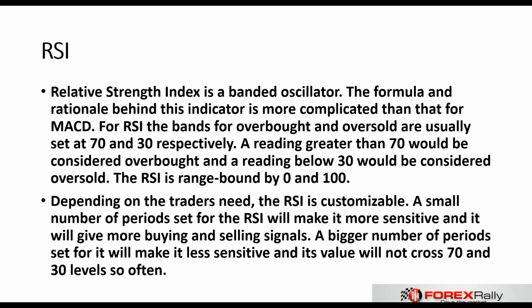Instead of 0, the 50 level is the medium level for this oscillator. And the main signal is that it gives you overbought and oversold markets.